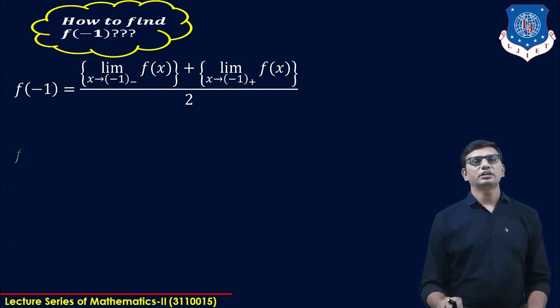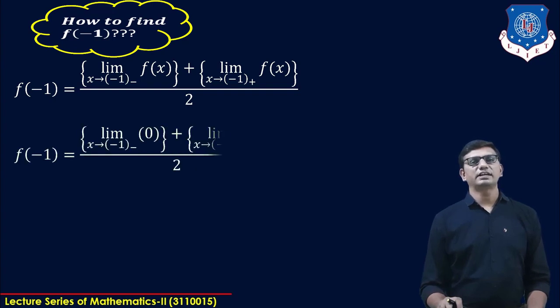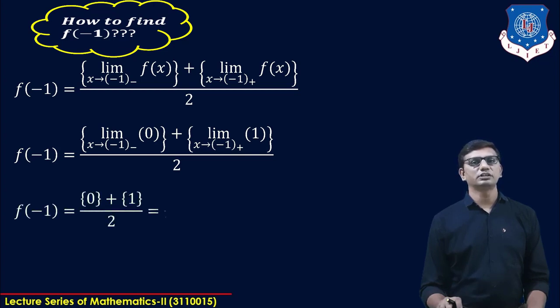Now, after putting the function's value on the left hand side and right hand side, we get limit x tends to minus 1 of 0 and limit x tends to minus 1 of 1. Now, the limit of 0 is 0 and the limit of 1 is 1. So, finally, we get f of minus 1 equal to 0 plus 1 by 2, that is 1 by 2. That means f of minus 1 is 1 by 2.